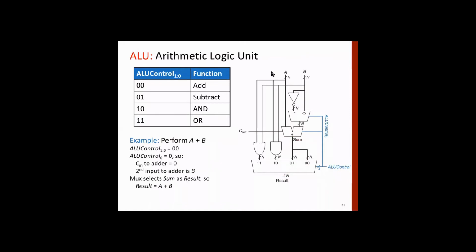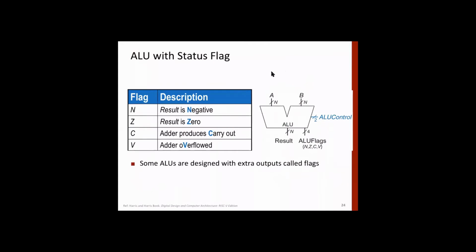All right, this is a very simple design, so I will skip that. The ALU also has status flags, like if the result is negative or zero, or there's a carry out and overflow, and these flags come out here. These are called ALU flags.